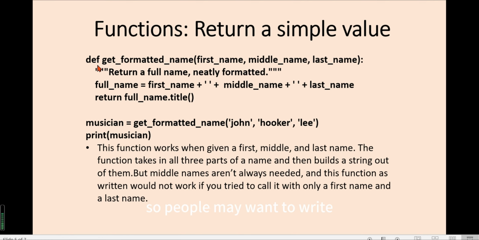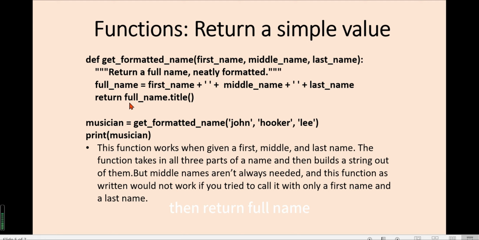So people may want to write def get_formatted_name, then add a middle name in the parameters. So there are three parameters for this function. Inside the function, the full name is first name concatenated with middle name concatenated with last name.